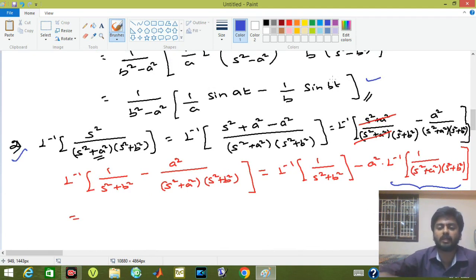So now we can easily substitute the result. The answer is, what is L inverse of 1 by s square plus b square?